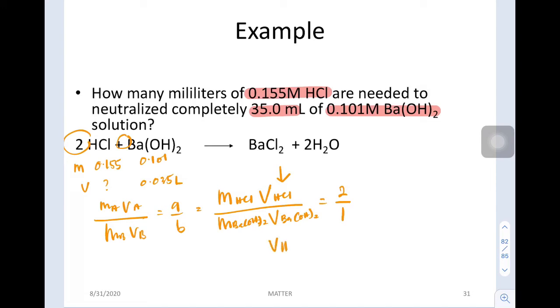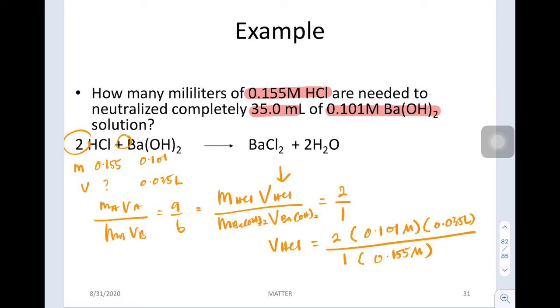Since we want to calculate the V of HCl, make it the subject. So VHCl is equal to 2 multiplied by the molarity of the barium hydroxide, 0.101 molar, multiplied by the volume of the barium hydroxide, 0.035 liter, over 1 multiplied by the molarity of the HCl, 0.155 molar.